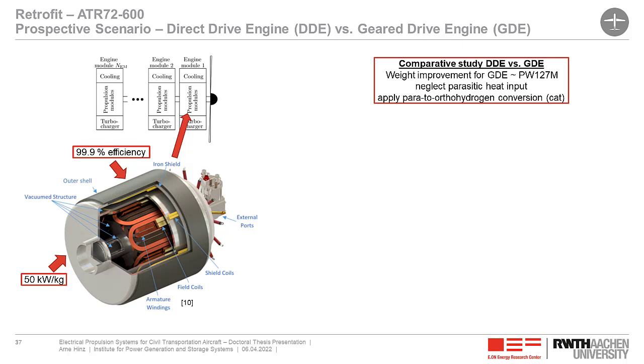We will apply the weight improvement factors of the gear drive engine, balancing the Pratt & Whitney 127N turboprop engine, and we will neglect the parasitic heat input into the cryogenic cooling system, and we will also apply a power to autohydrogen conversion catalyst, which supports the cryogenic cooling circuit.